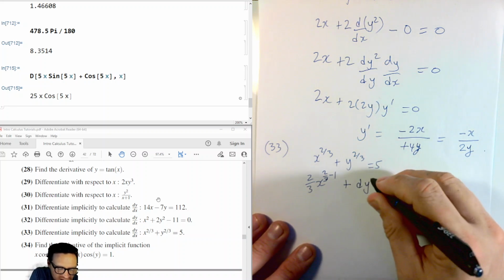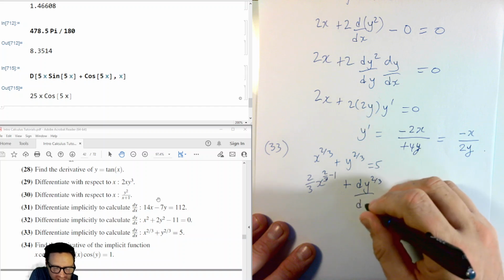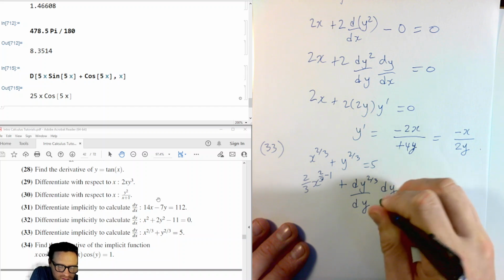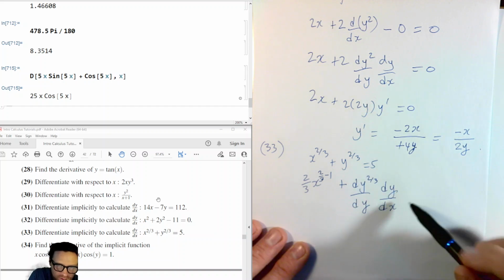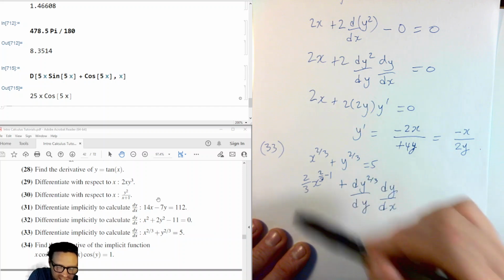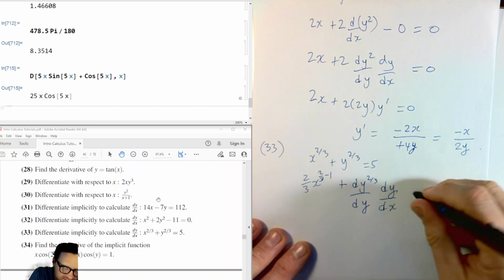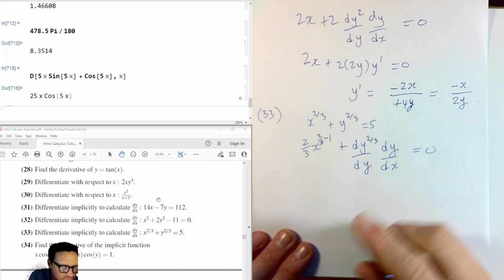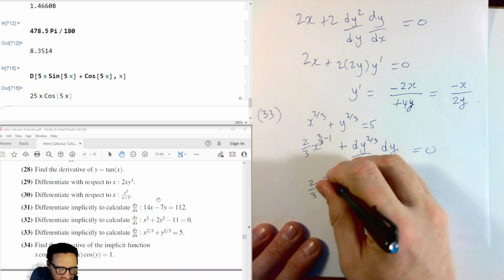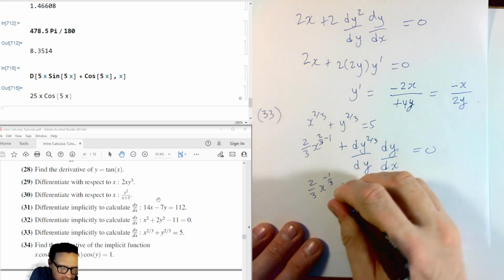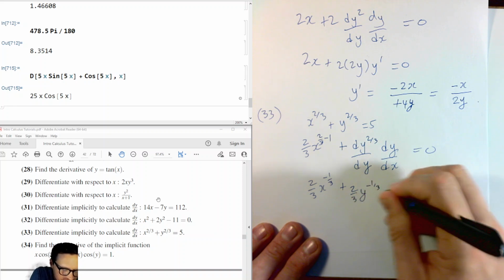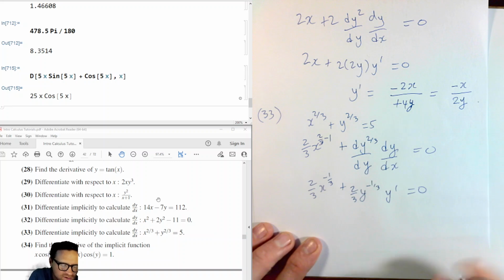we will need the chain rule on this, but it will end up looking the same as this, because when we use the chain rule, we break it up in this way, and then this derivative looks just like this, except with y's. Okay, so 2/3 x to the power of minus 1/3, and then 2/3 y to the power of minus 1/3 times y' is 0.